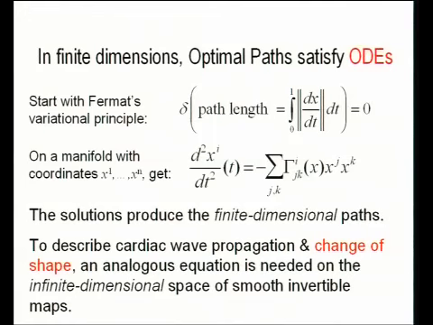It's the form that people either love or hate, right, when they see this tensor here with these Christoffel symbols in it. But if we were going to now try to make the isochrones coordinate with the change of the shape of the heart as it beats, then we would need to have an analogous equation to this one, which is on the space of shapes.